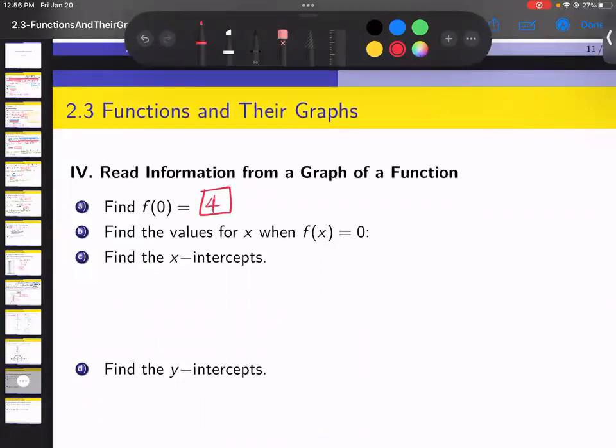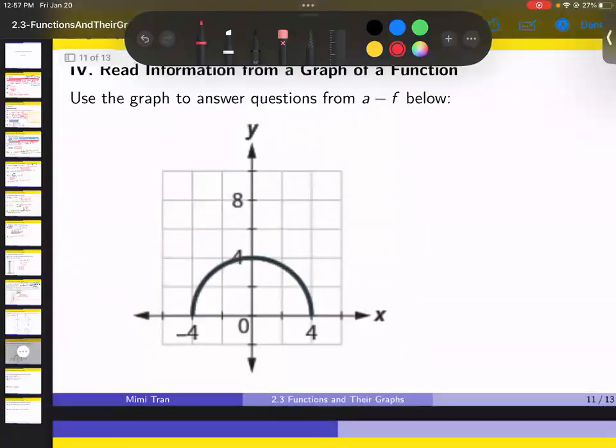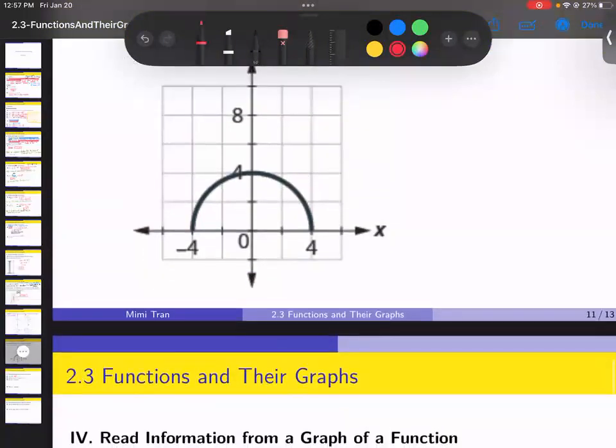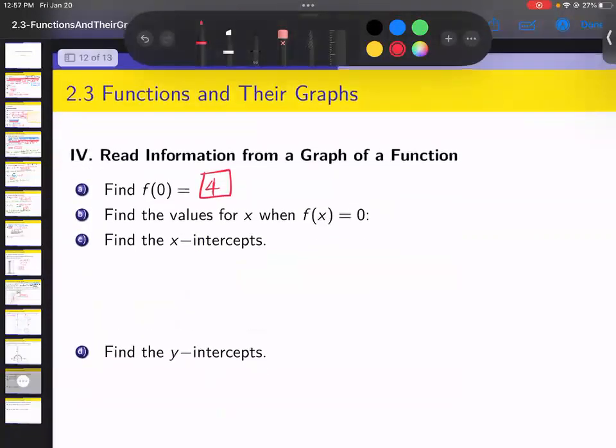So when the height is 0, no height, the function is at -4 and 4. Oh, when I say width, I mean x value. Sorry. It's how wide the graph goes.